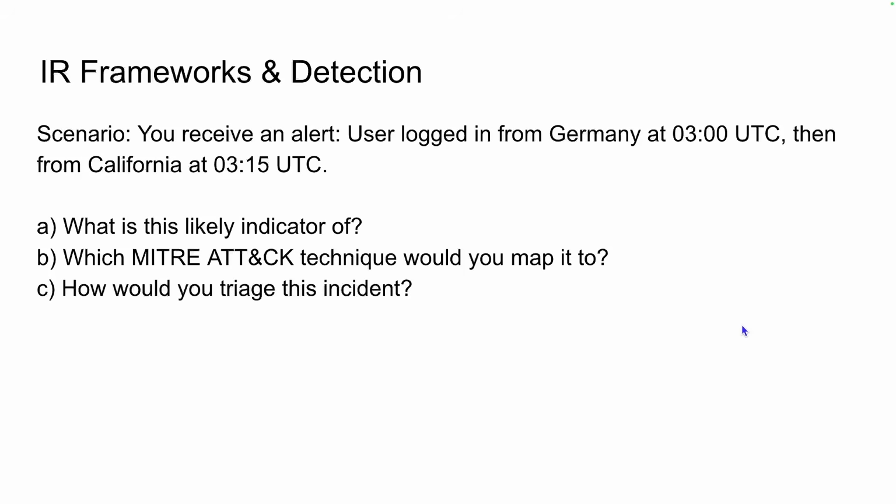Scenario: you receive an alert, a user logged in from Germany at 3:00, then from California at 3:15. This is an impossible travel for sure. It asks what this is likely an indicator of, which MITRE ATT&CK technique you would map it to, and how you would triage this incident. I would contact the user to see whether they actually are traveling. Obviously they're not, because it can't be possible to log in at 3:00 and then 3:15. I would see if they're using a VPN or a remote connection somewhere.